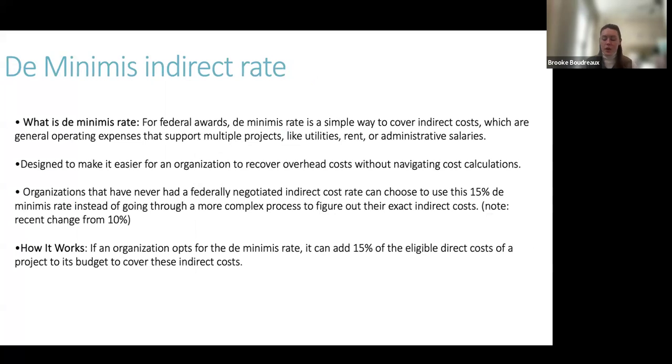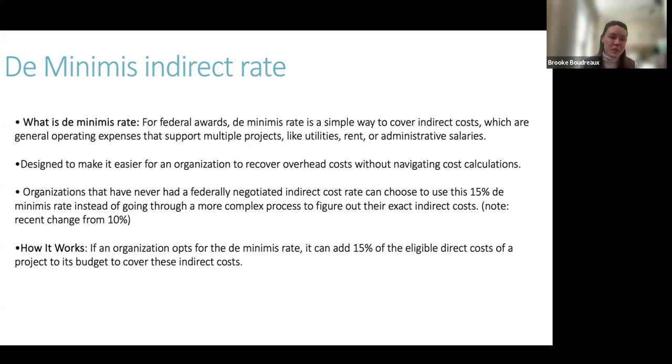Okay, so we've talked about four different methods up to this point for direct cost allocation. I do want to name that in the 2 CFR, there is also what's called a de minimis indirect rate. For purposes of this webinar, this is a little out of scope, so we're not going to go into the nuts and bolts of what this looks like, but I did want to name that this is something different that is available to you.